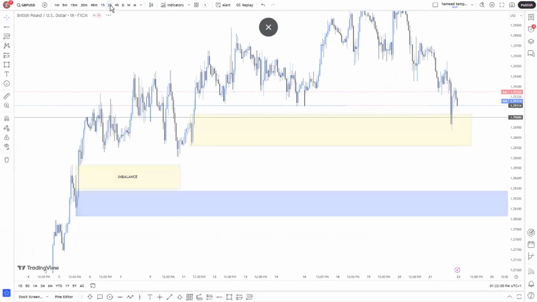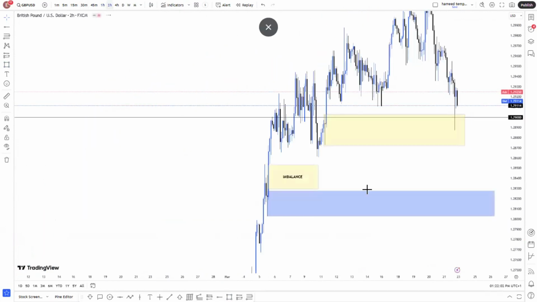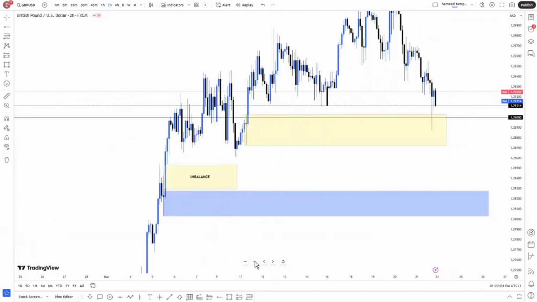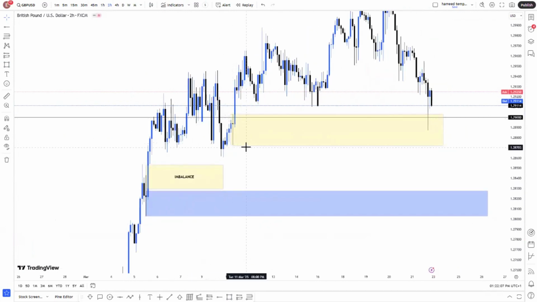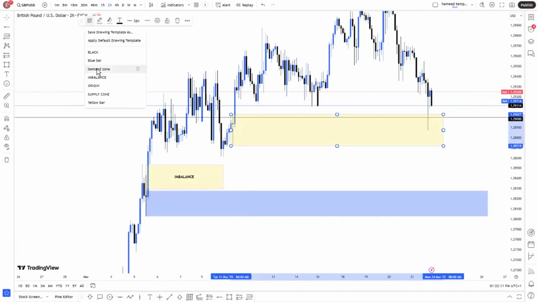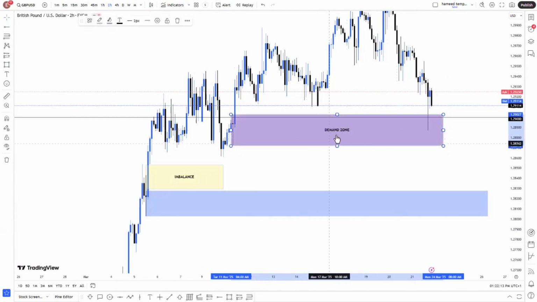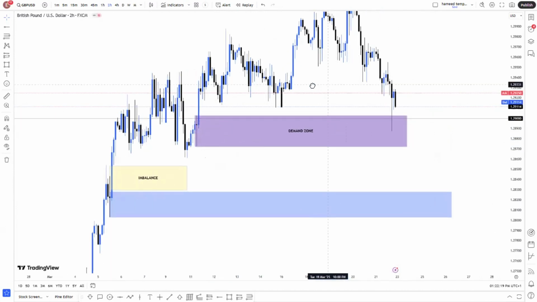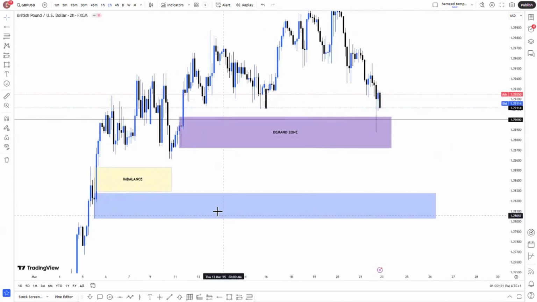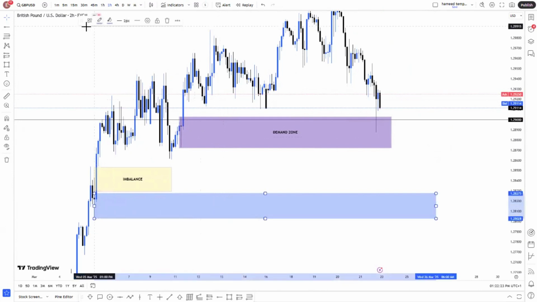Let me see, do we have it on the 2 hour? Okay, yes, we have it clearly here on the 2 hours. The market is already reacting on it, which means we have two zones to pay attention to.